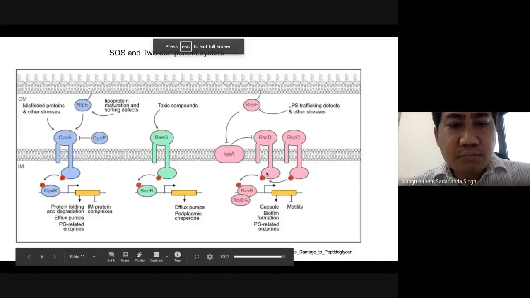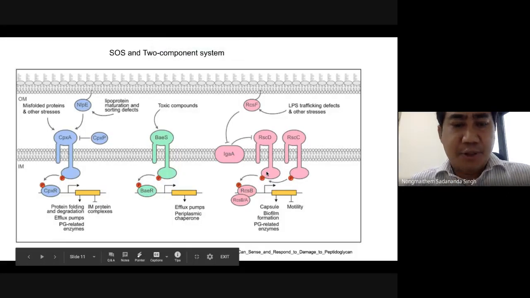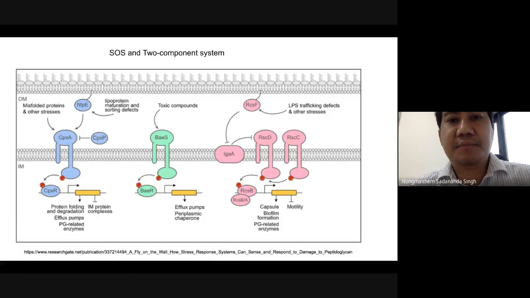Okay, let's continue. Why it is very important is that if you have a low dose of antibiotics, in fact, it increases the antibiotic resistance.